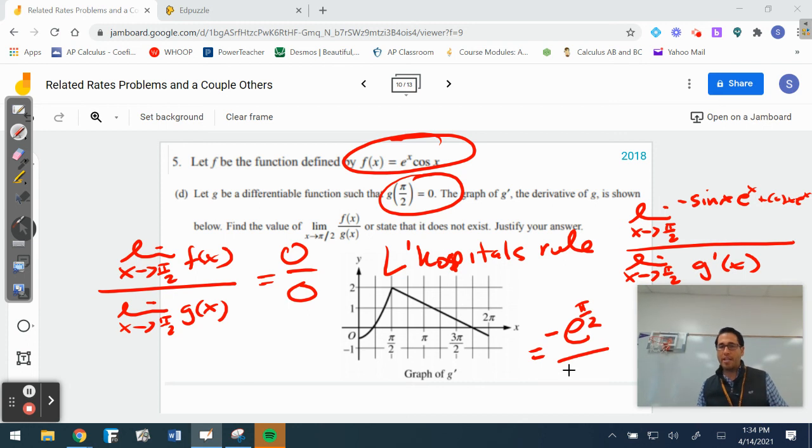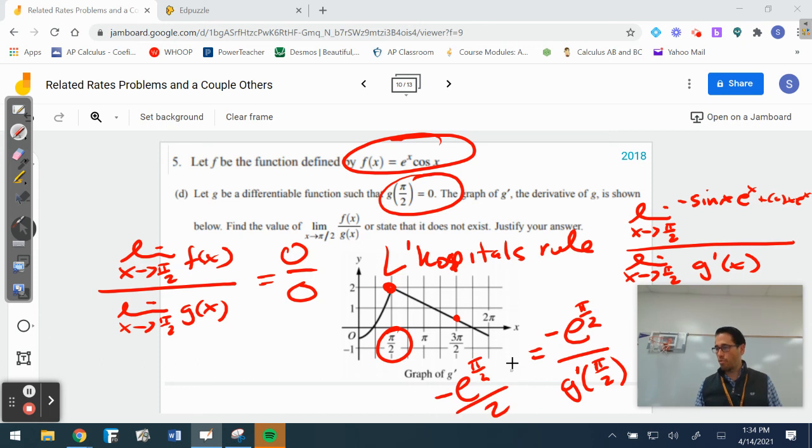And in the denominator, I get g prime of pi over 2. I'm already not going to get 0 over 0 because the top gave me a sweet, cool answer, right? And g prime of pi over 2, what's g prime? This is g prime. So g prime of pi over 2 is right there, equal to 2.